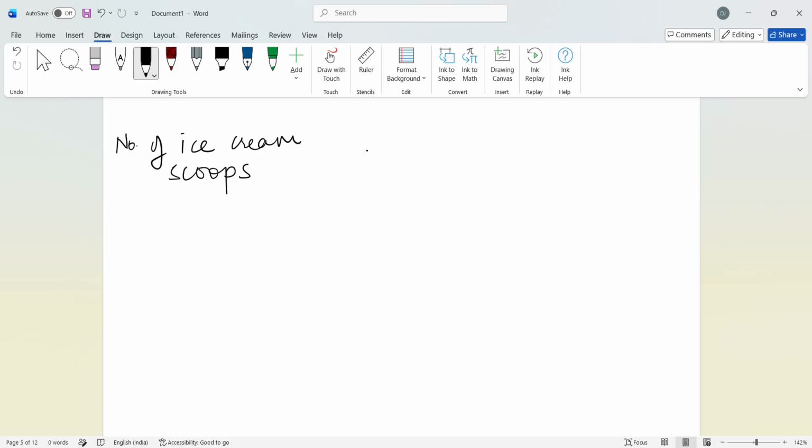And here I have the total utility that I derive by consuming the number of units of ice cream scoops. And then I have marginal utility. Okay. All right. So 1, 2, 3, 4, 5, 6, and 7. All right. So when I consume one ice cream scoop, my total utility is 100.